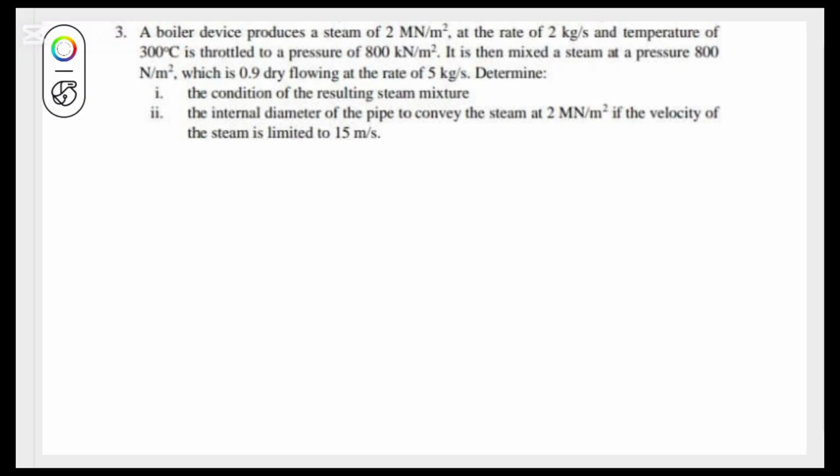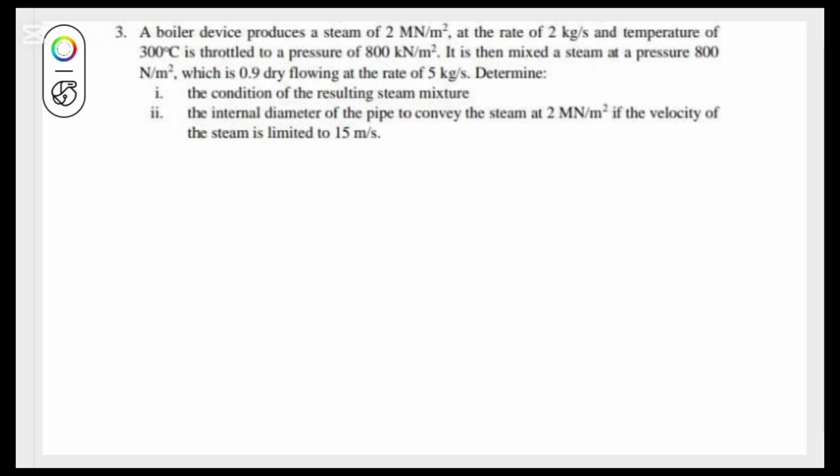We are to determine the condition of the resulting steam mixture, and also find the internal diameter of a pipe conveying the steam at 2 MN per meter square if the velocity of the steam is limited to 15 meters per second.